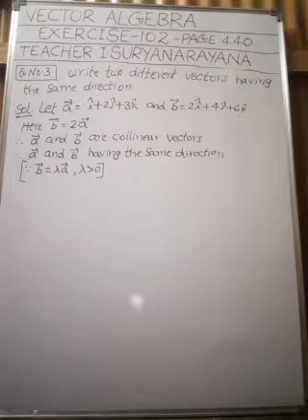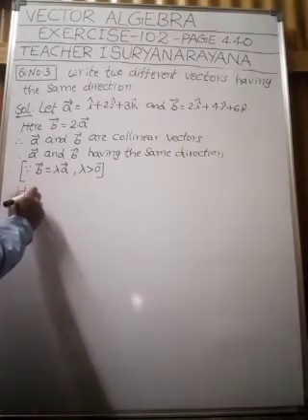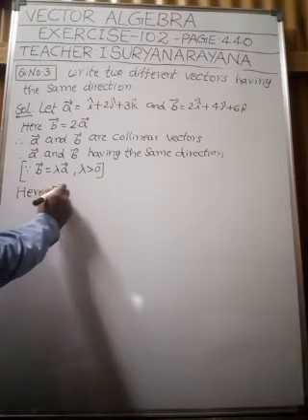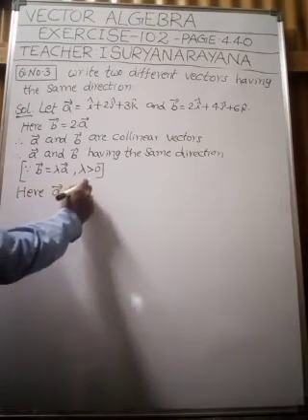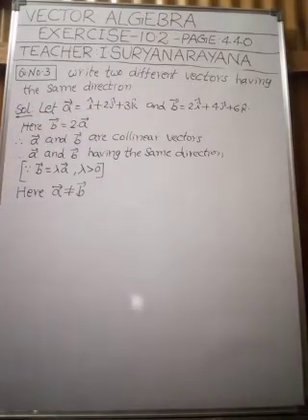Right. Here, A bar not equal to B bar. They are not equal vectors. How do you say two vectors are equal? If the vectors are having the same magnitude and same direction.